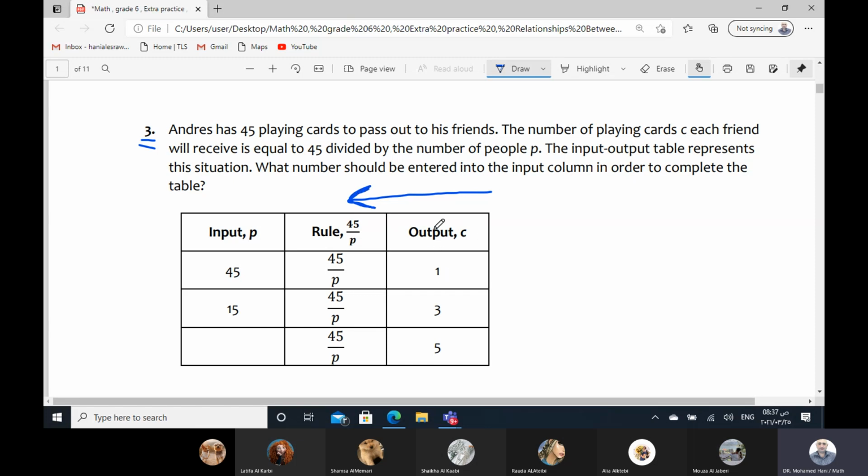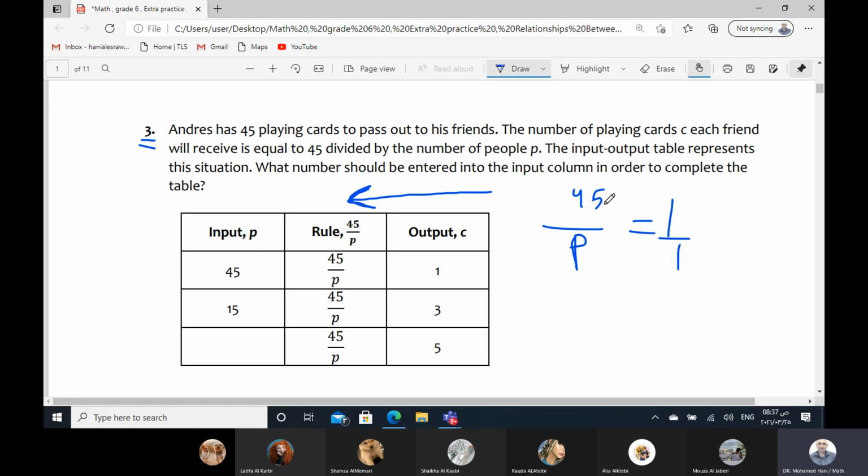If we have the output C, so use the rule 45 and the value of B. Suppose the output equals 1. This is the rule 45 over B and the answer equals 1. How to find the value of B?